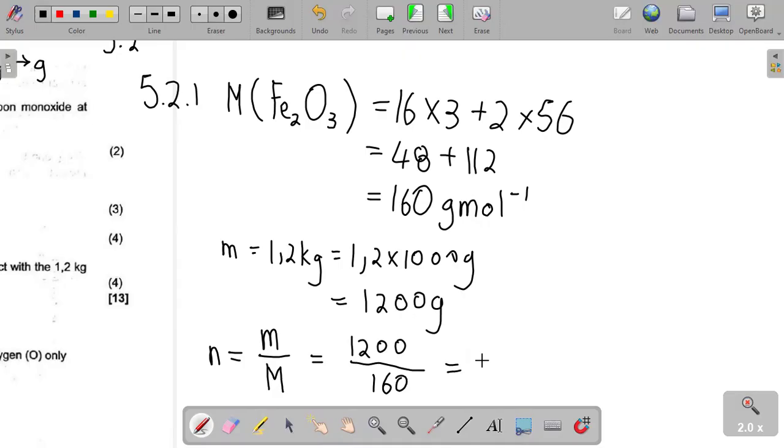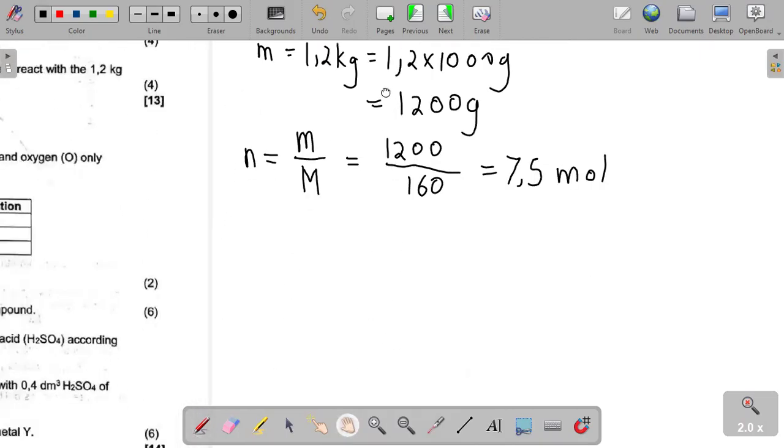Then we use the calculator there. So it gives 7.5 moles.